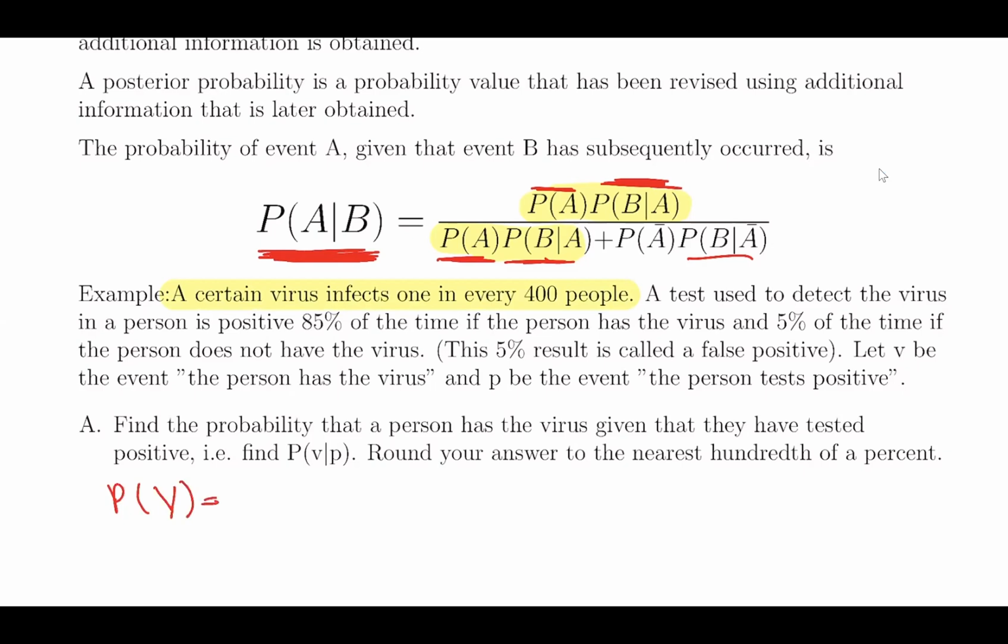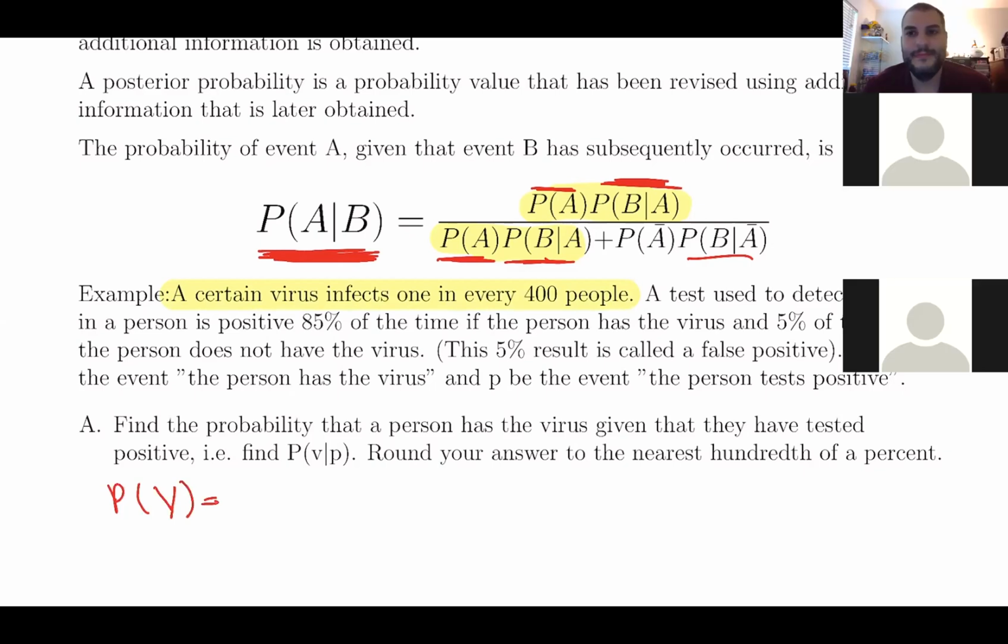What's the probability somebody has the virus if it affects 1 out of every 400 people? Do we do 1 over 400? Yeah, perfect. 1 out of 400. Great job.